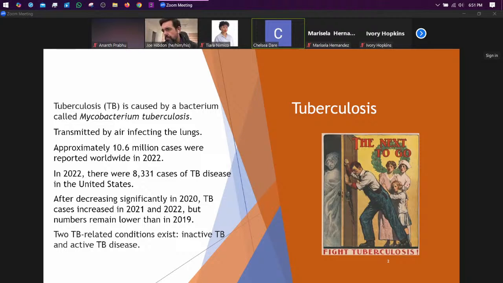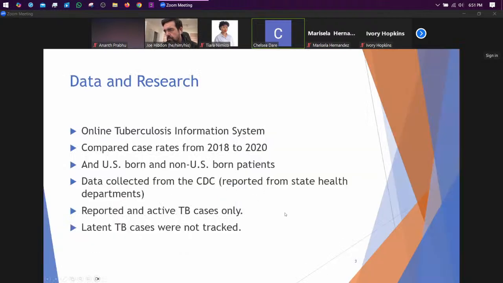There are two TB related conditions: latent TB, which is not infectious, and active TB. I found my numbers through the CDC, through the online tuberculosis information system, and I compared case rates from 2018 to 2022 between US born and non-US born patients in the United States.